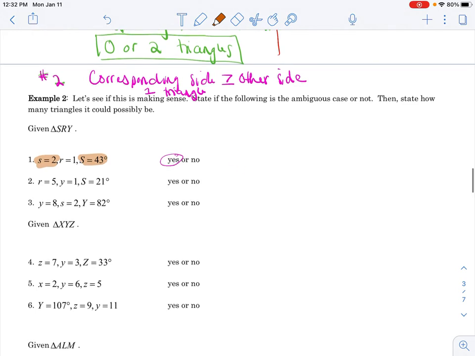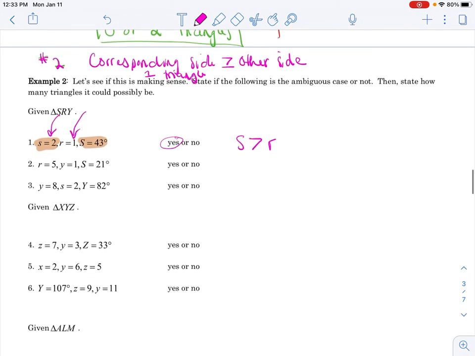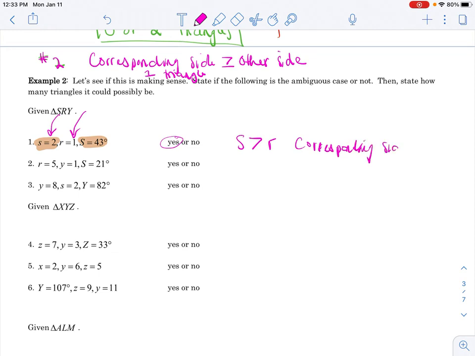Now let me see, S compared to R. Is it bigger or smaller? Well, S is bigger than R, right? So what that's telling me here is your corresponding side, forgive this writing, is bigger than the other side. So that puts us in this option, so we know there's only one triangle.